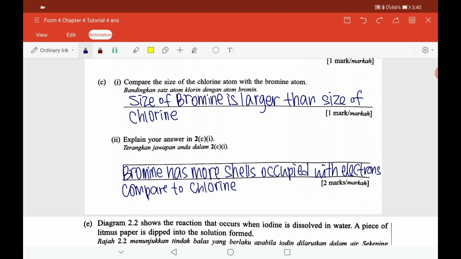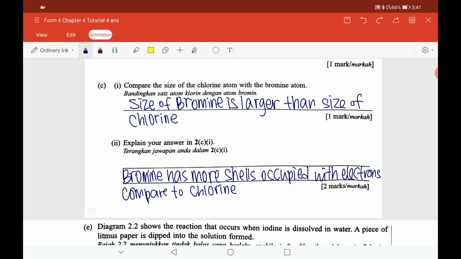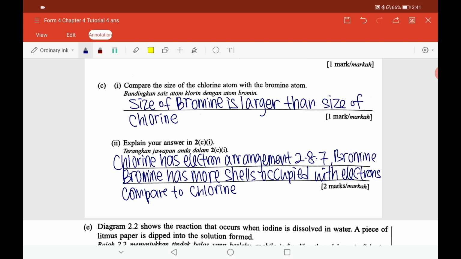So how to make the answer even more complete? You can put in the electron arrangement. You can write that chlorine has an electron arrangement of 2, 8, 7, and then you must mention bromine. Bromine's electron arrangement is 2, 8, 18, 7.